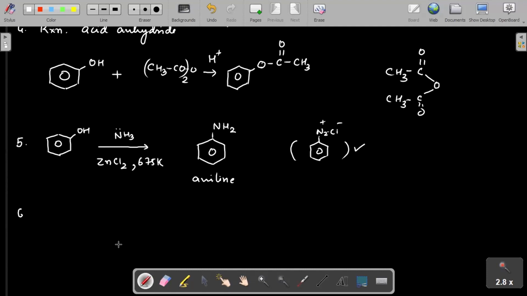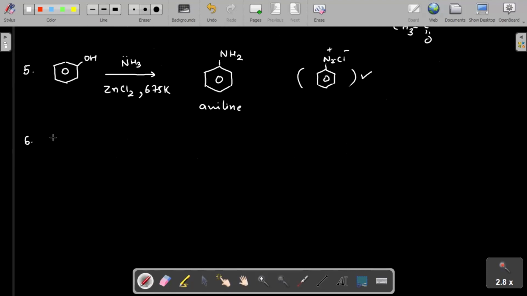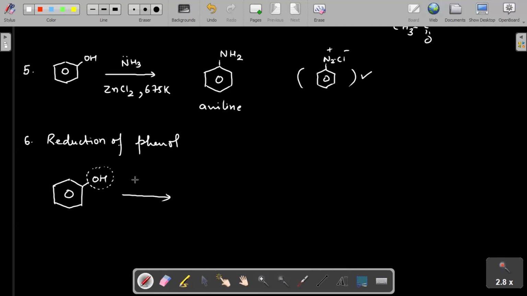Now suppose I have to show the reduction of phenol. What is the meaning of reduction here? Removal of the OH group will show the reduction. How to view this reduction reaction? Simple, it is zinc.